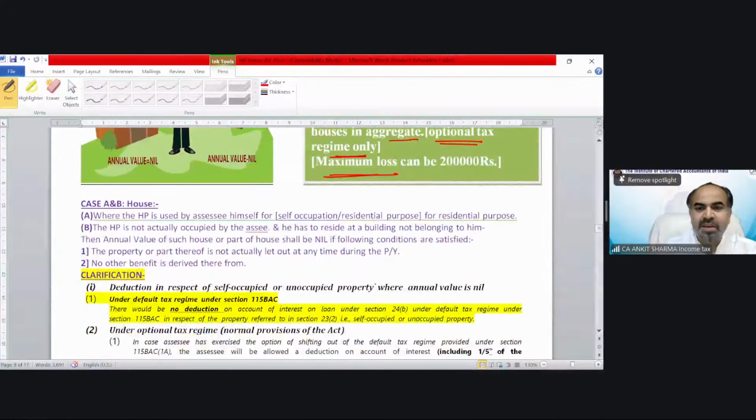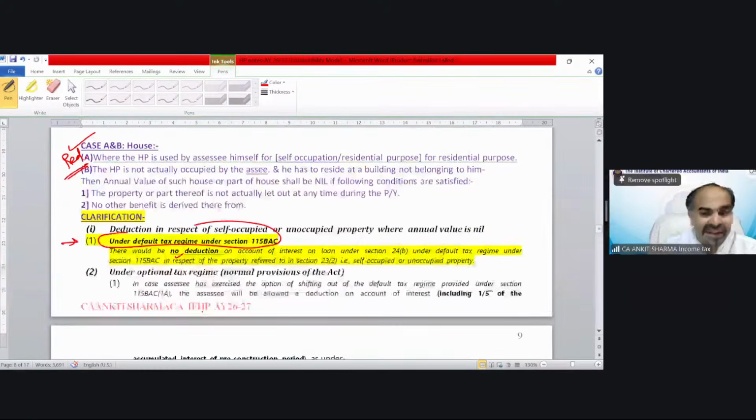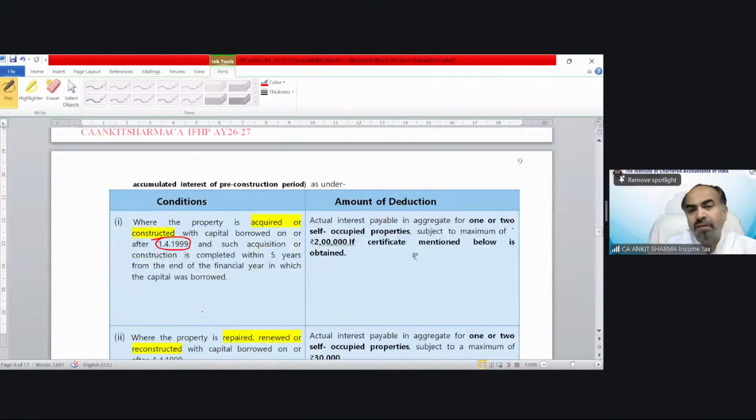The detail has been written over here. You can read it. The same concept we have discussed. You can see in the clarification, it has been written that under the default tax regime, no interest deduction would be there. So the answer would always be nil. Under optional, we have the option to claim 2 lakh rupees or it would be 30,000.